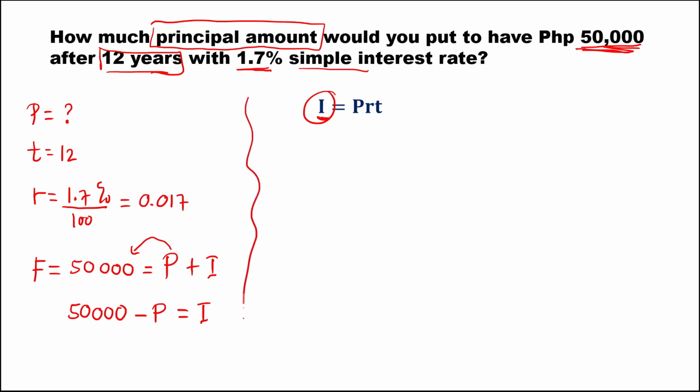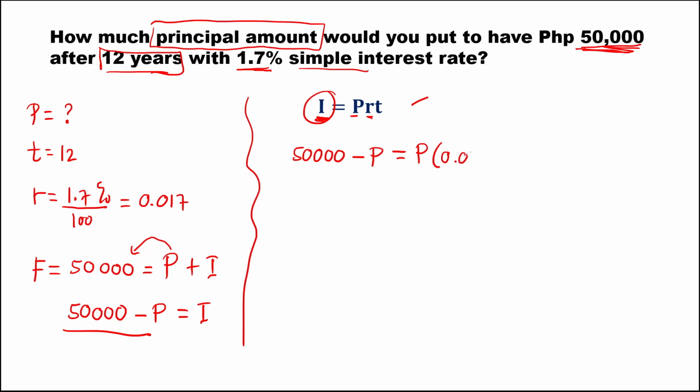From this, we can now substitute all the values into the formula. So the interest is equal to 50,000 pesos minus the principal amount, which equals the principal amount, the unknown, times the rate.